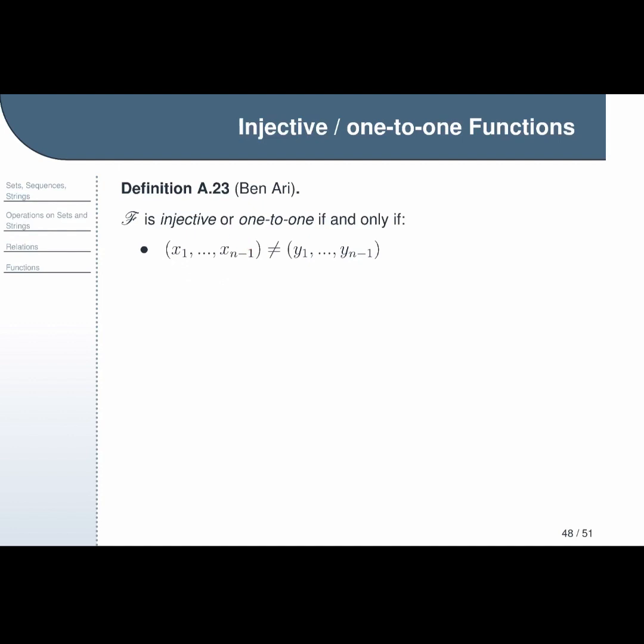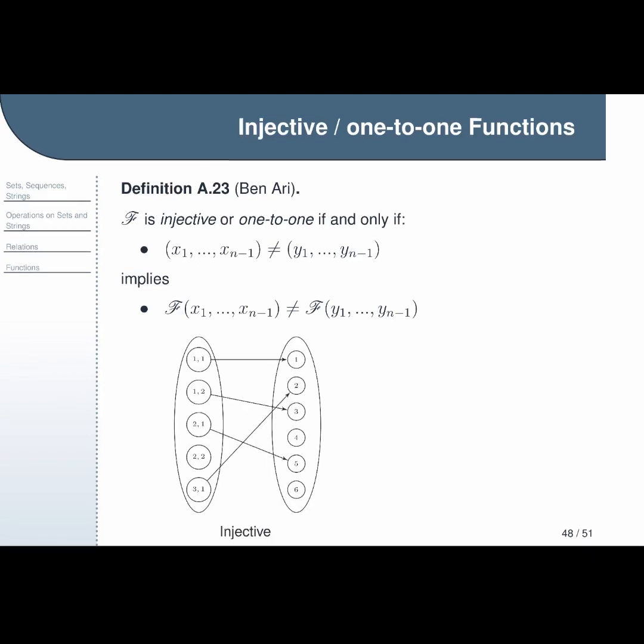If one input is not equal to another input, if we have two distinct inputs, then it is also the case that the outputs cannot be equal to each other. And if you think about that, that is just a definition that says we are not allowed to map two different things to the same thing. And so in other words, we have no collision.